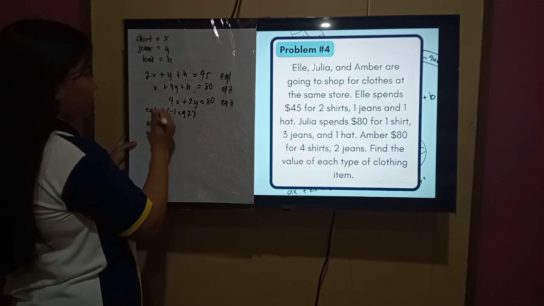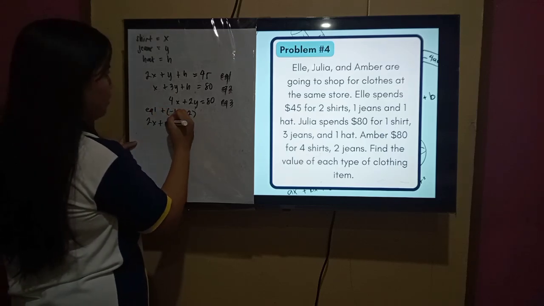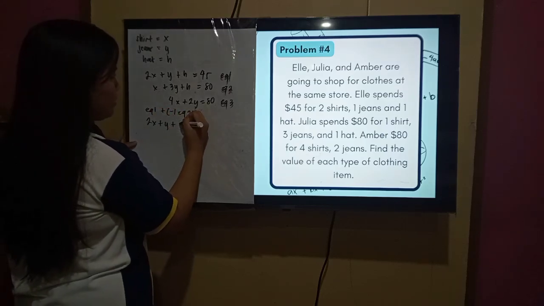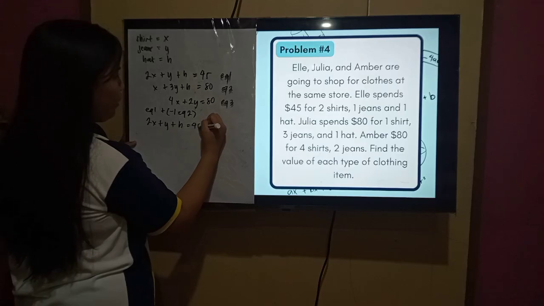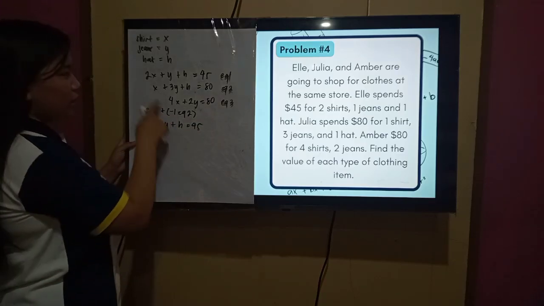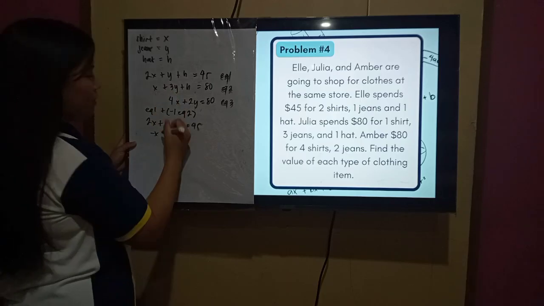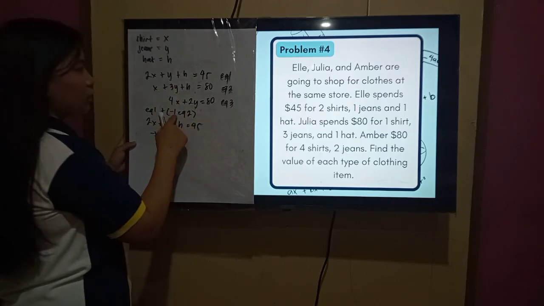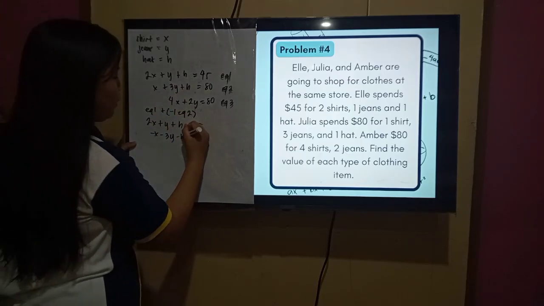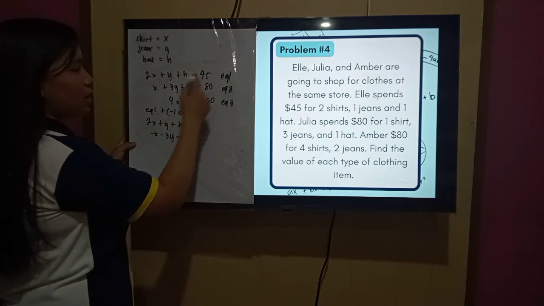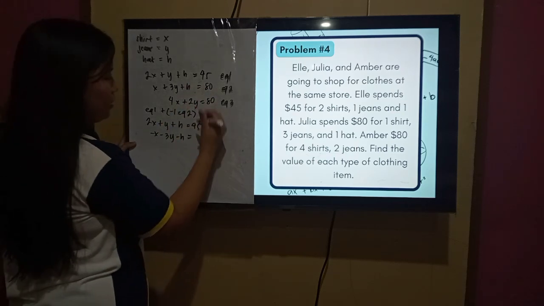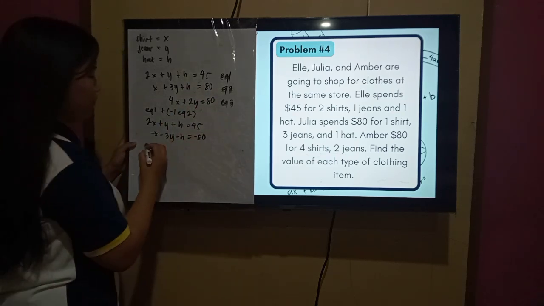Let's copy equation 1 first. So, 2X plus Y plus H is equals to 45. Negative 1 times X, negative X. Negative 1 times 3Y, negative 3Y. Negative 1 times H, negative H. Negative 1 times 80, negative 80.